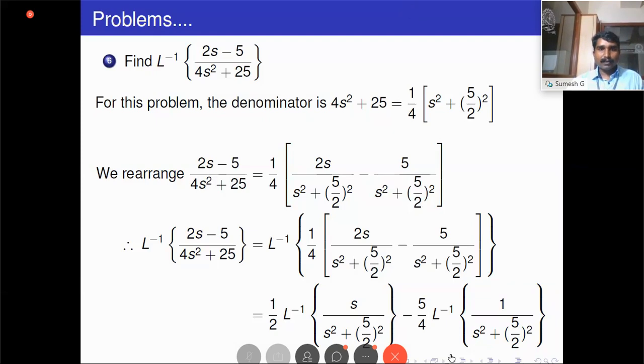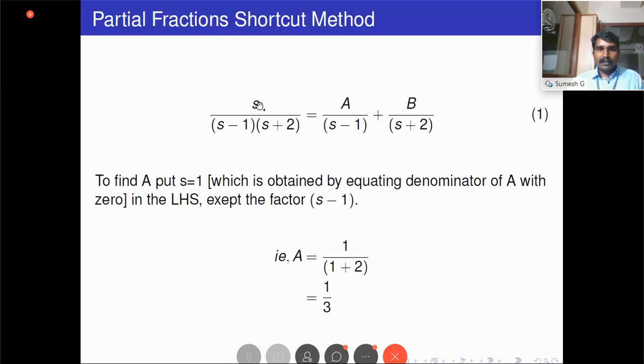So this is the shortcut method. Partial fraction expansion of s by s minus 1 into s plus 2. This is the general format only: A by s minus 1 plus B by s plus 2.